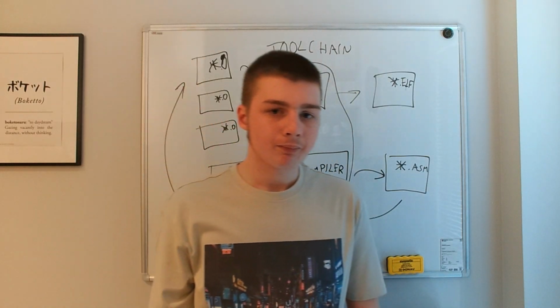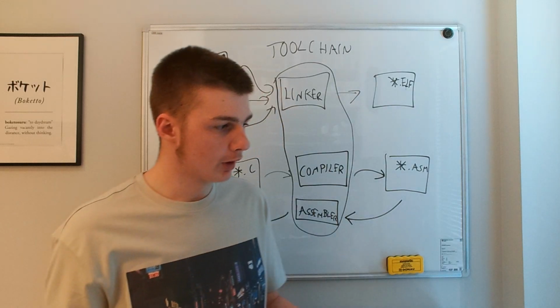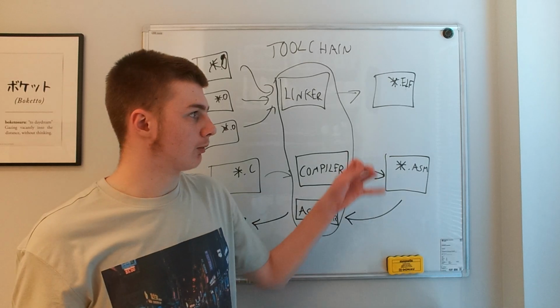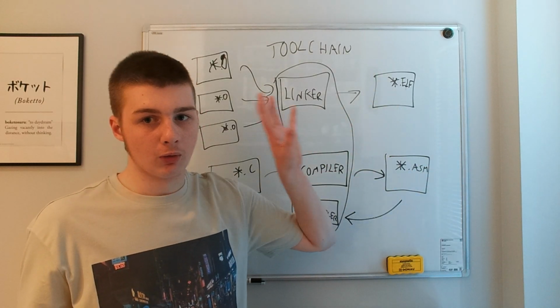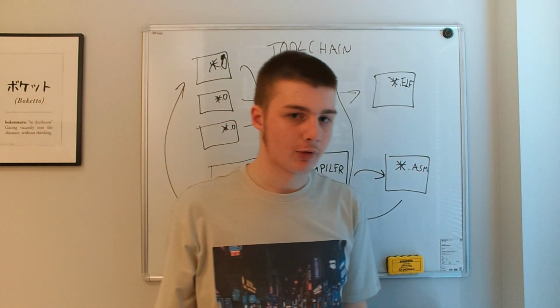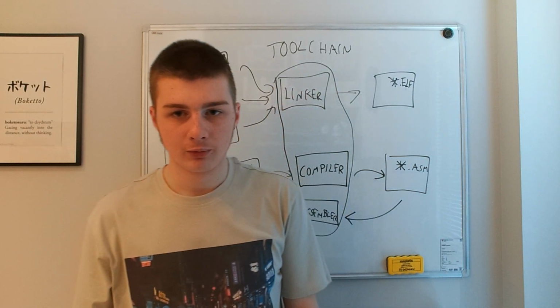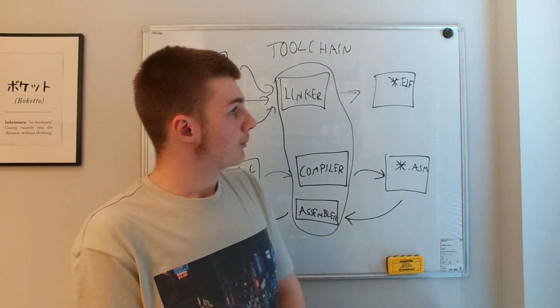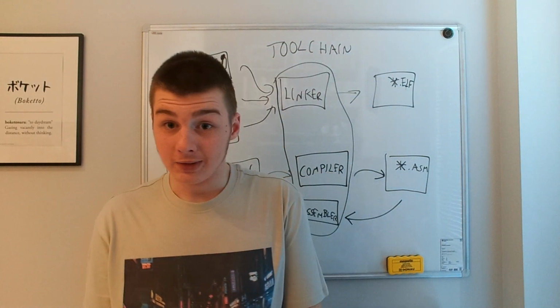Now, if you wanted to, for example, write an ELF parser or some file system driver to actually read an ELF file from a file system on some disk, then you probably wouldn't do it in assembly.